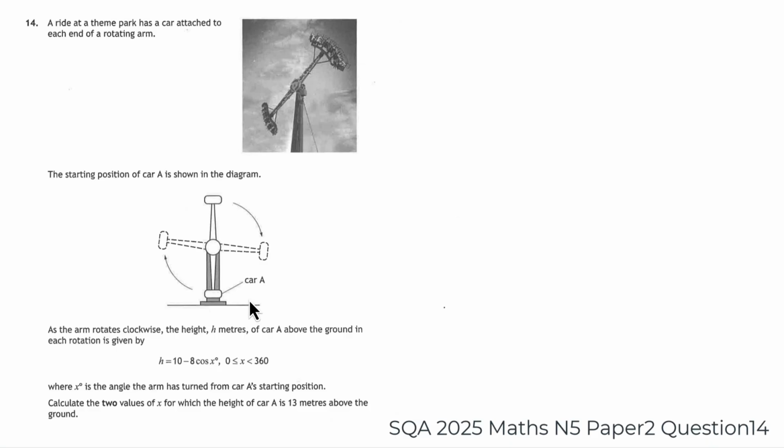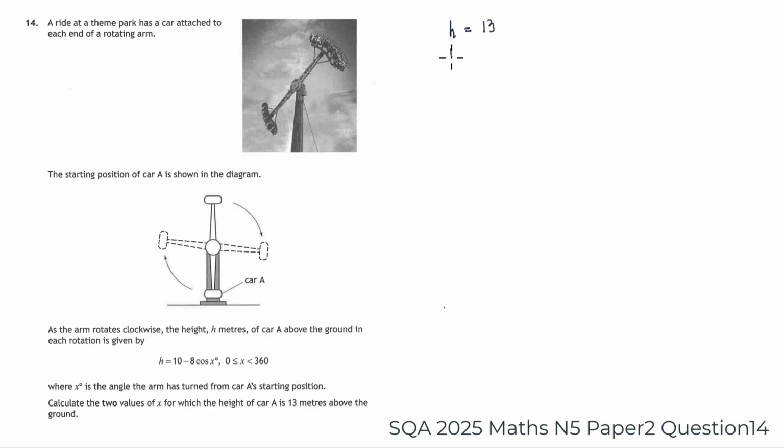It rotates clockwise, and the height h of the car above the ground is given seemingly by this formula, where the angle in there goes from 0 up to 360. And we have to calculate the two values of x for which the height of the car is 13 metres above the ground. So we have h being equal to 13.